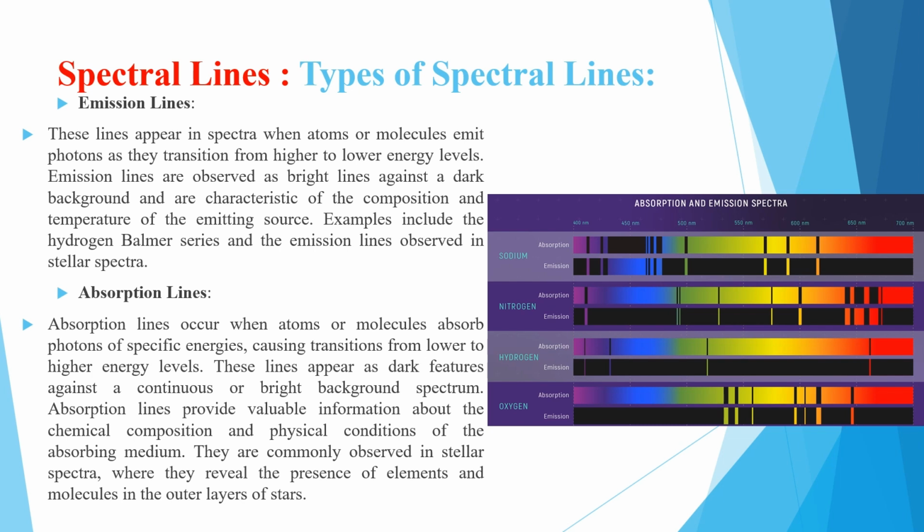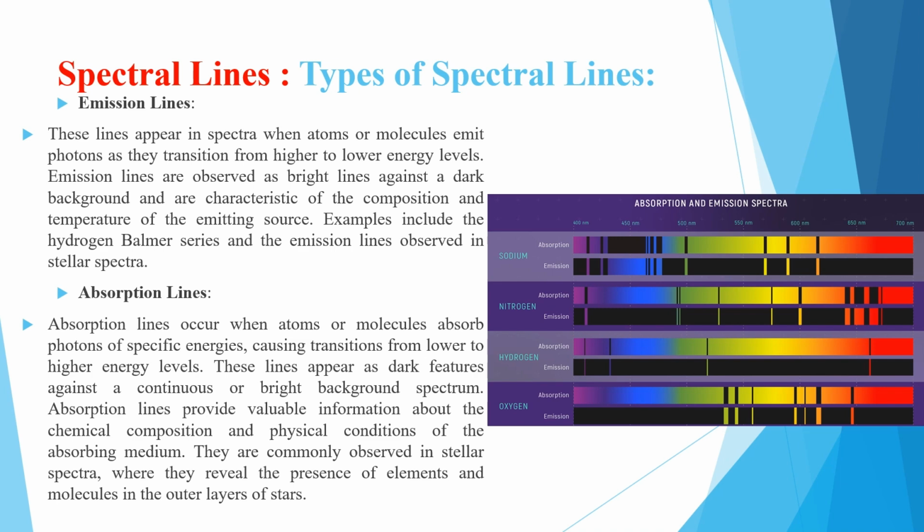These lines appear as dark features against a continuous or bright background spectrum. Absorption lines provide valuable information about the chemical composition and physical conditions of the absorbing medium. They are commonly observed in stellar spectra, where they reveal the presence of elements and molecules in the outer layers of stars.